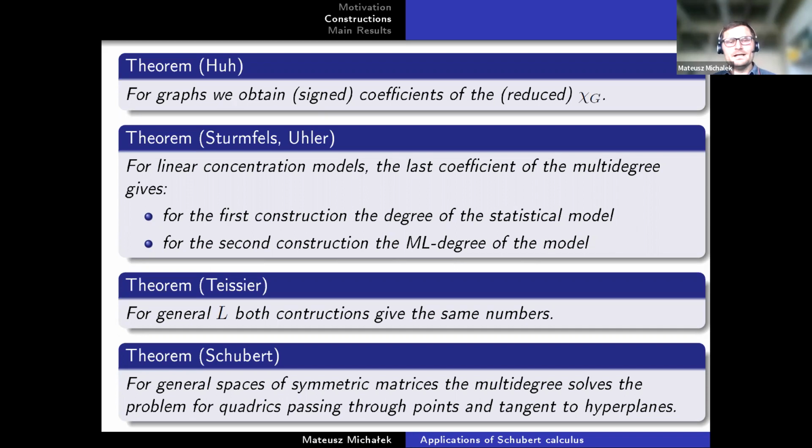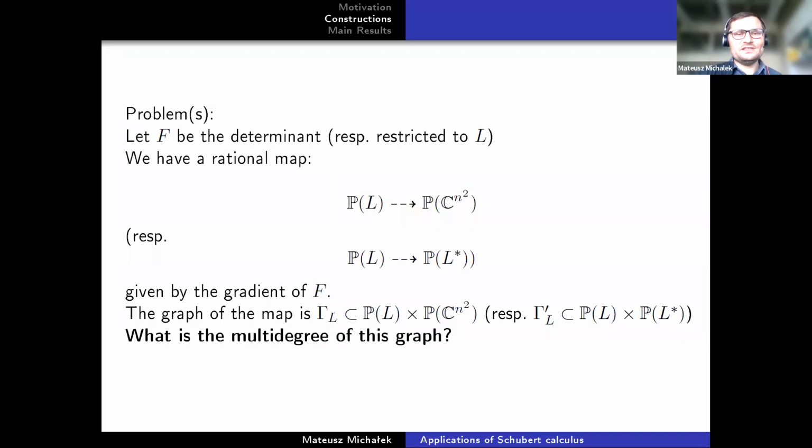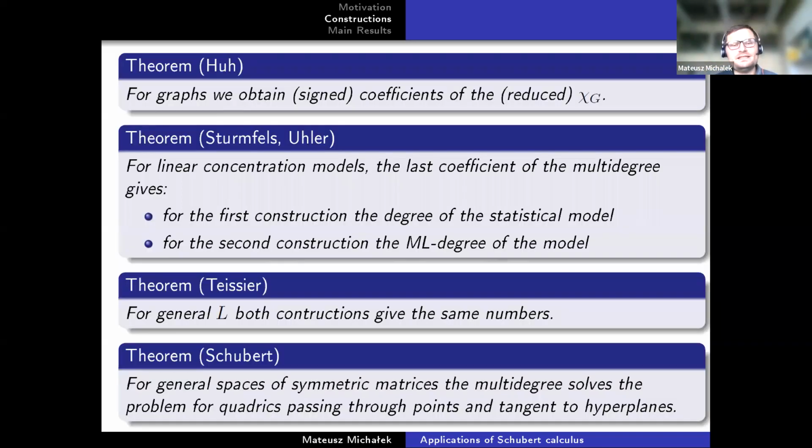Now you can go to the work of Sturmfels and Uhler, who basically prove that, since I have these two constructions and get two sequences of numbers, in statistics the last number in the sequence is very important. One is the so-called degree of the statistical model, and the other one is the maximum likelihood degree of the model, so the number of critical points.